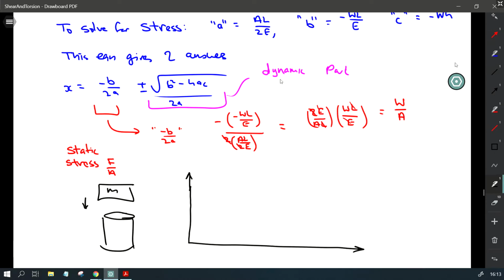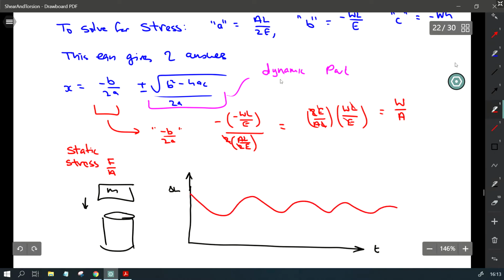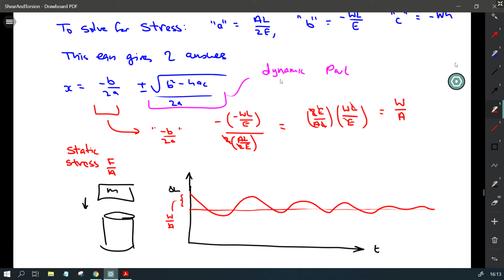Let's suppose you plot the change in length of the shaft against time, what you would get would be something like that. Okay? And if you left it long enough, it would die away. So actually, this part here would be W over A, and this part here would be the dynamic part. So the plus and minus values you're getting are the value here and the value here. Okay, so that's why you have two values.